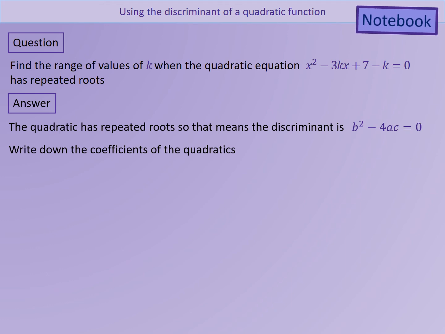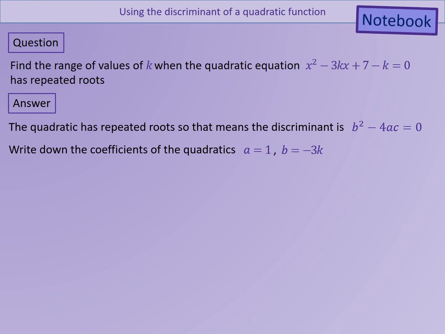We can now write down the values of our coefficients so that we can place them into the discriminant. So this is where you write down the a value, the b value, and the c value. Luckily for us, everything's in the right order, so it's not so difficult to decide what those values are going to be. So a is going to be 1 because it's the coefficient before the x squared. b is going to be minus 3k because it's the value before the x.